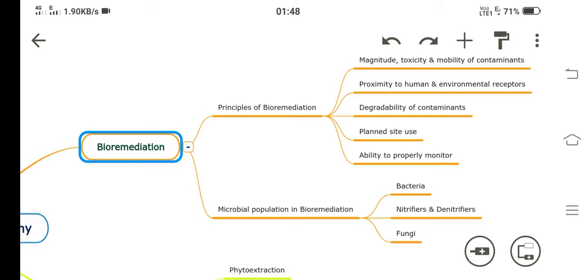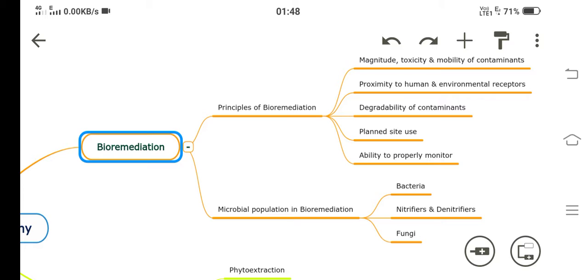Or if we want a standard definition of bioremediation, then according to the United States Environmental Protection Agency, which is called EPA, bioremediation is a treatment that uses naturally occurring organisms to break down hazardous substances into less toxic or non-toxic substances.